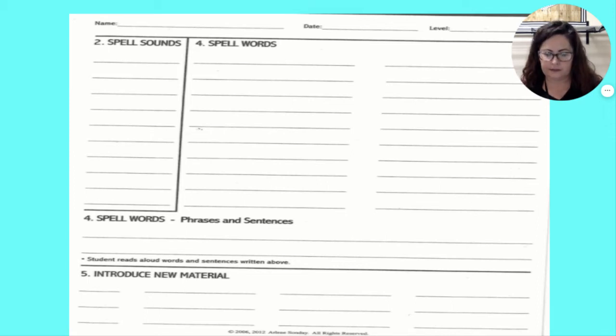Yawn. Repeat the word, touch spell, then write. Cook.